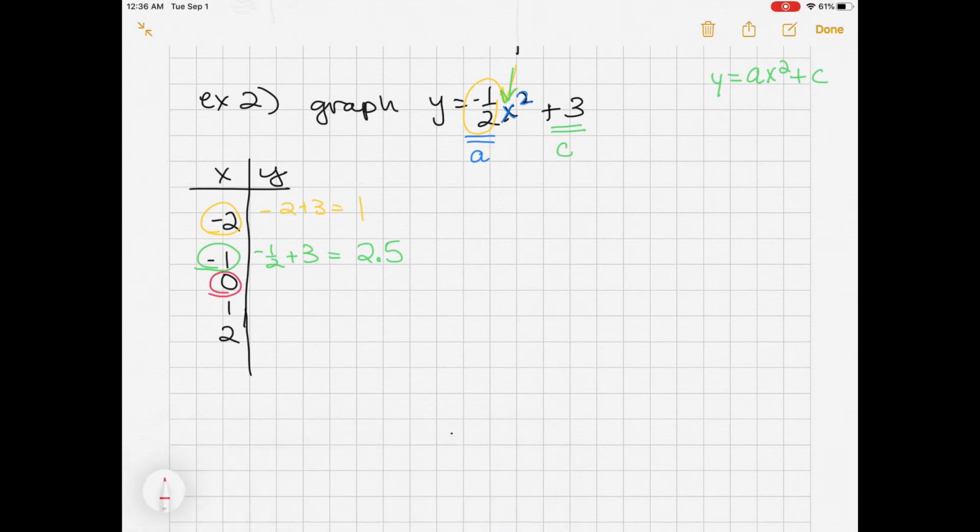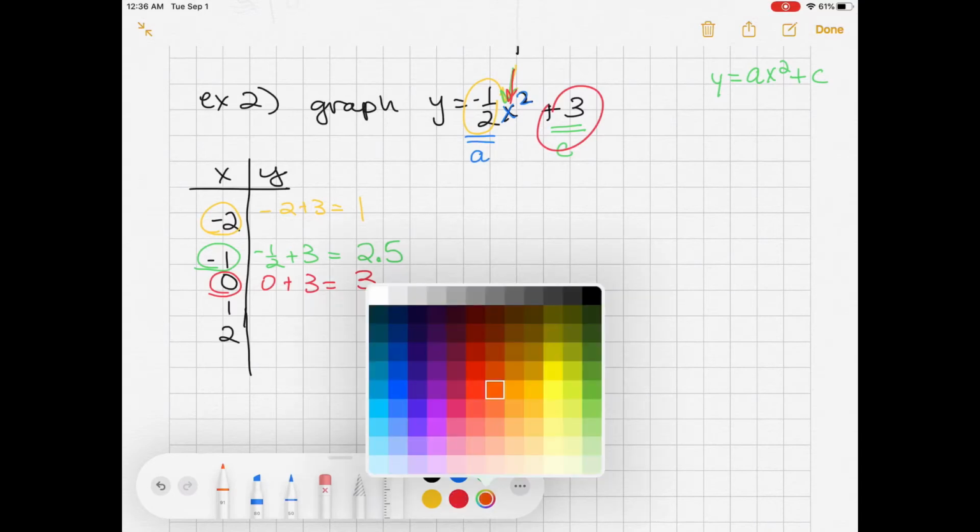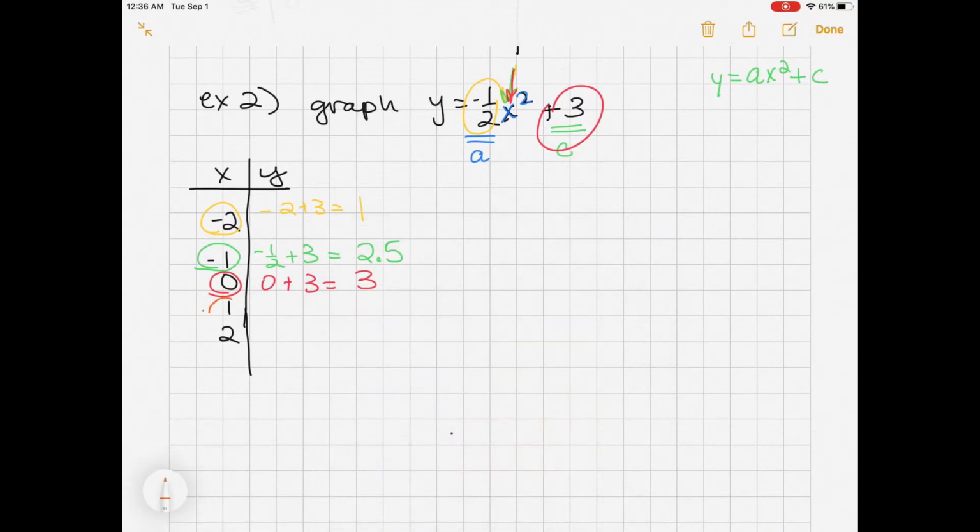Let's do this one. 0. Again, we plug it in here. 0 squared is 0 times negative 1/2 is 0 plus the 3 right here is 3. And then we're going to finish this off. Let's do orange. We've got 1.